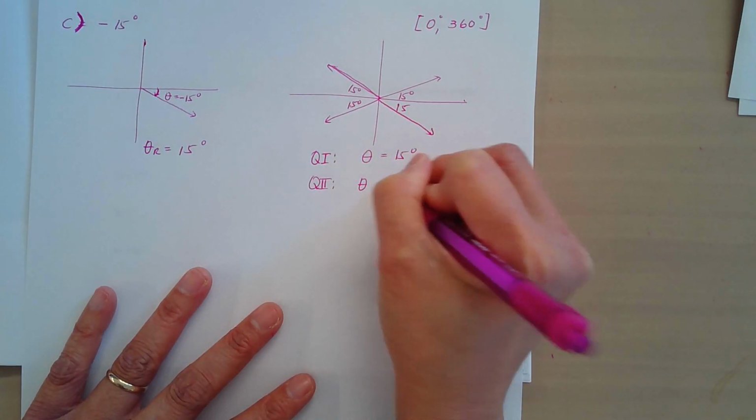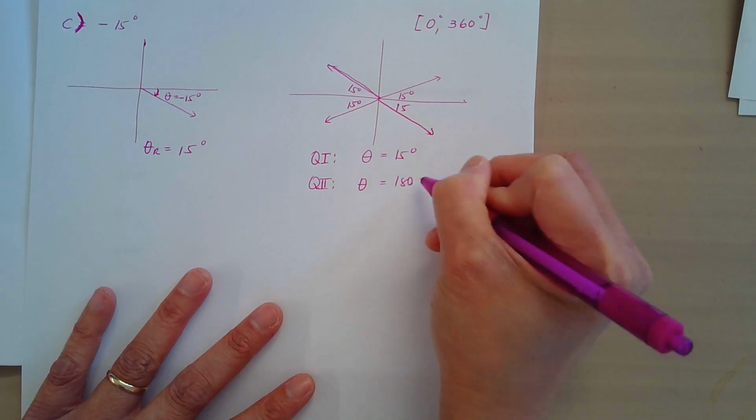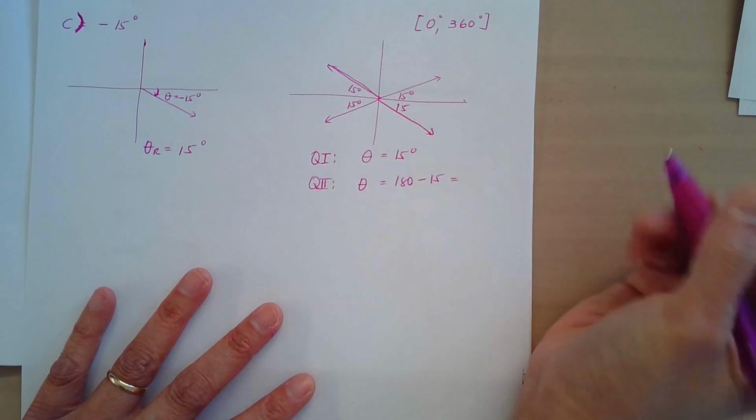In quadrant 2, theta would be 180 minus 15.